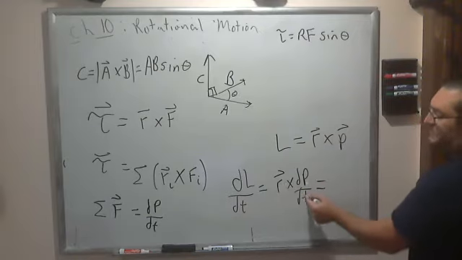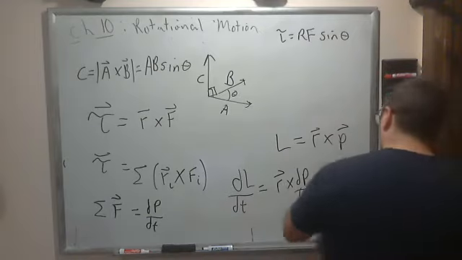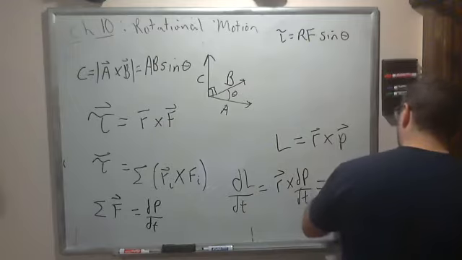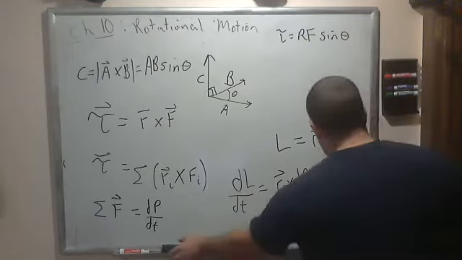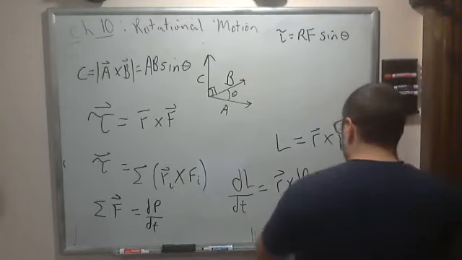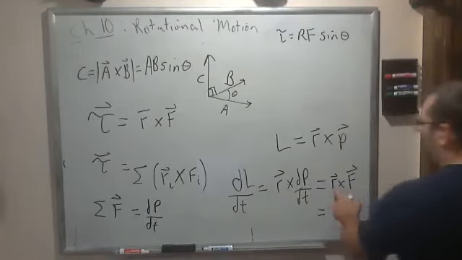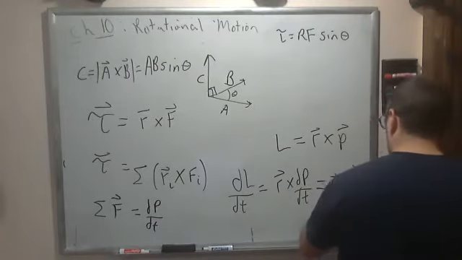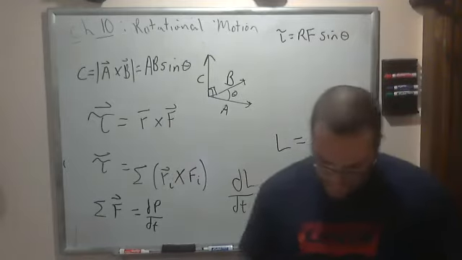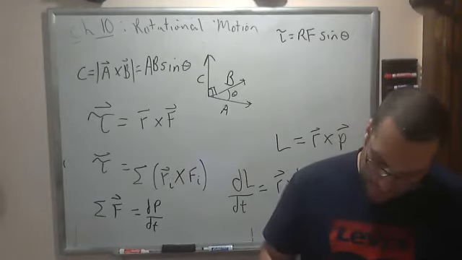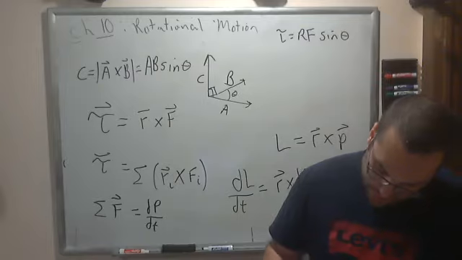And then, of course, dp/dt is just equal to the force. Yes, is equal to the force. And then of course, r cross F is equal to the torque. So we get the same laws. Right. Okay, great.